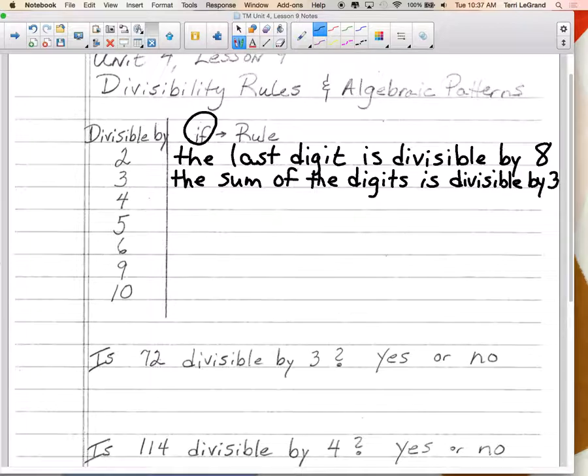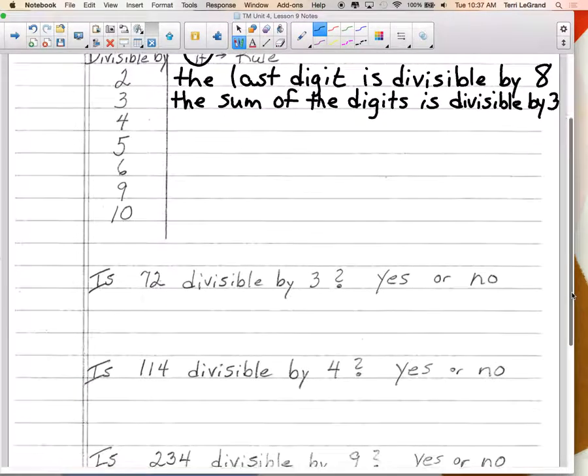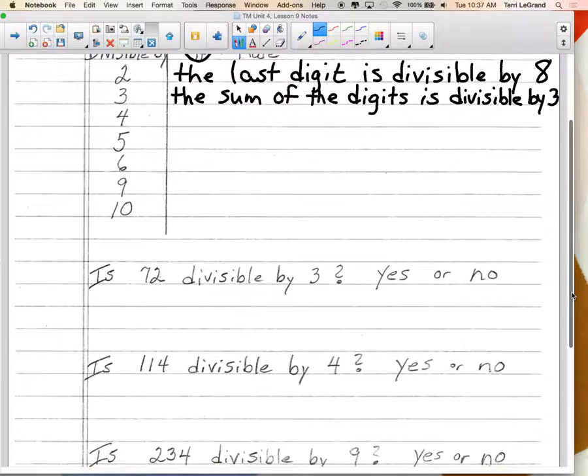Okay? Anybody know the divisibility rule for 4? I'm going to guess if you don't know the more common one, like 3, 4 is one of the trickier ones. Anybody got it? Okay. A number is divisible by 4 if the last 2 digits are divisible by 4.